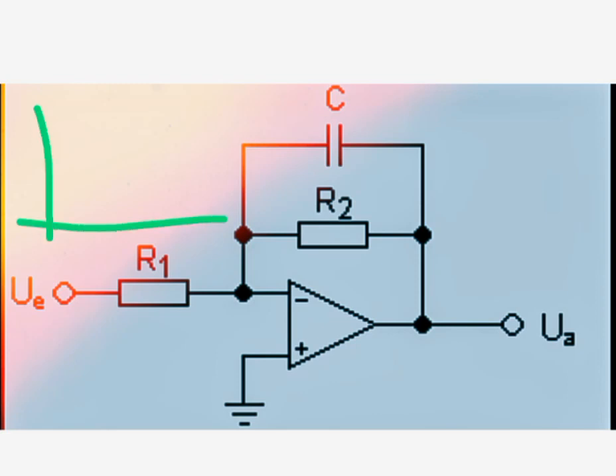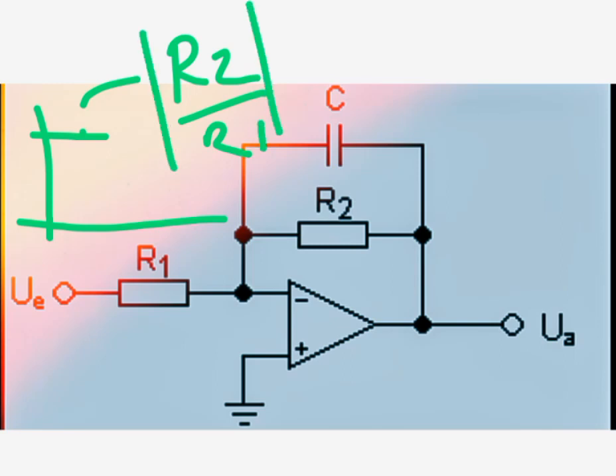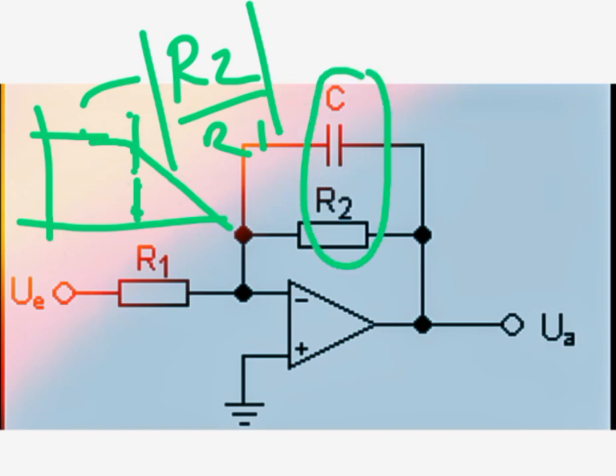The closed loop gain AC would start with the value of R2 over R1, taking its magnitude, and then at a very high frequency the output is 0, the gain is 0. The corner where there is a distinction between the pass band and the stop band of this low pass frequency response is the cutoff frequency offered by the combination of C and R2.